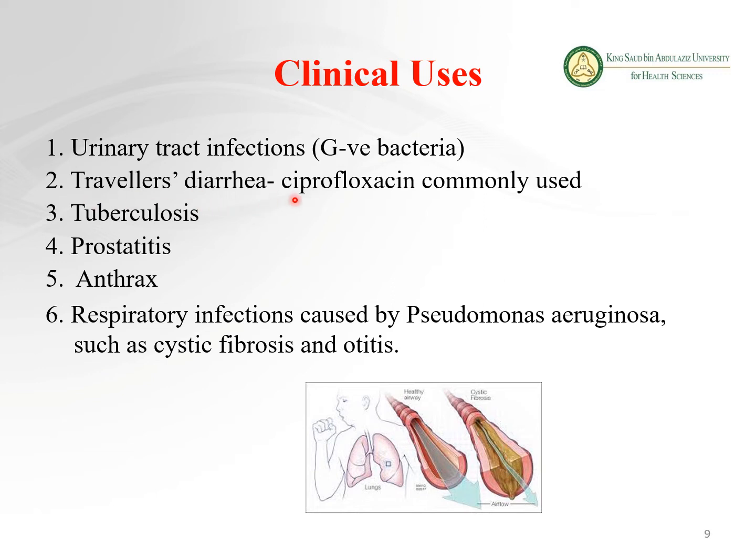So this GIT bacterial infection can be treated with ciprofloxacin. It can be used in tuberculosis, prostatitis, and anthrax, caused by Bacillus anthracis, which is also a type of bacterial infection. It is also used for respiratory tract infections caused by Pseudomonas aeruginosa, such as cystic fibrosis and otitis. All these can be treated with fluoroquinolones.